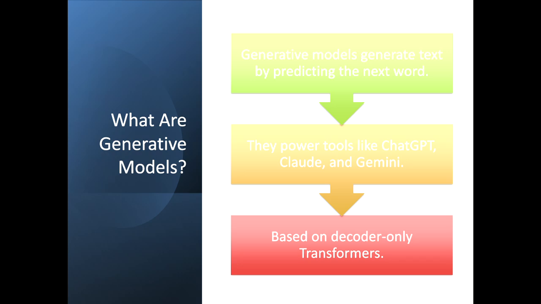So generative models generate text by prediction, one word at a time. They power tools like ChatGPT, Anthropic Claude, and Google Gemini, based on decoder-only transformers.